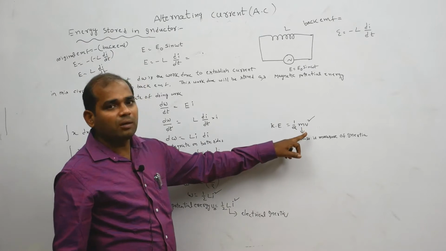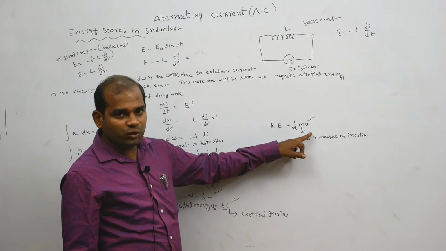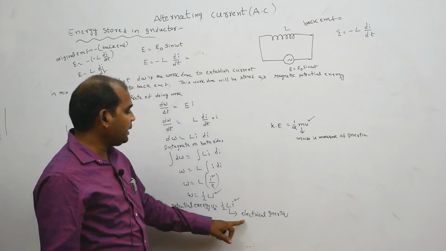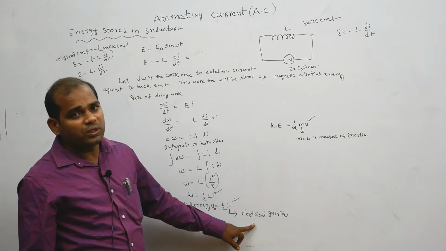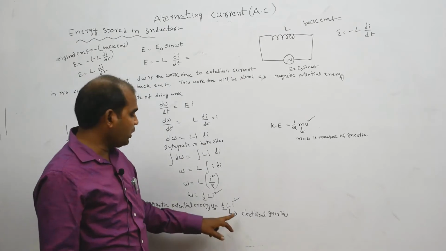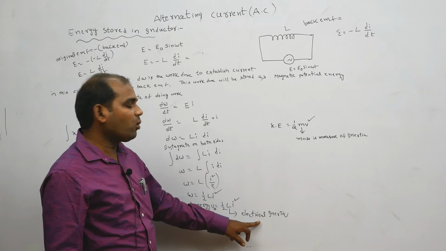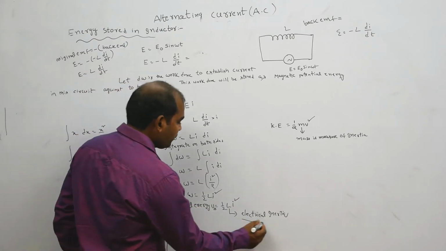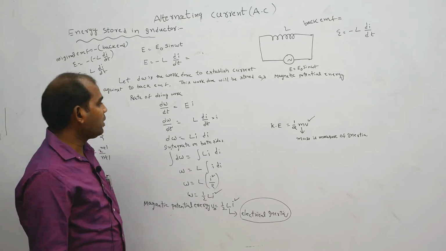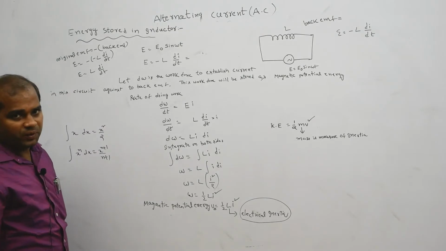Just as mass opposes the rate of change in motion of a body while it is in motion, this inductor also opposes the growth and decay of current in the circuit. So this inductor is the so-called electrical inertia. We need to remember this. So this is the derivation we got for energy stored in an inductor.